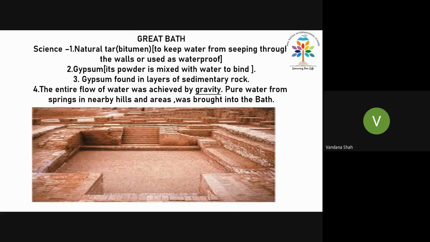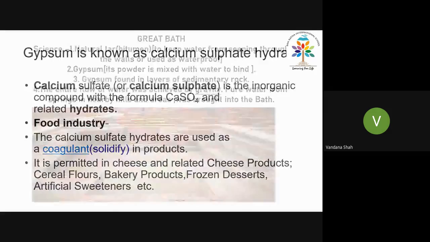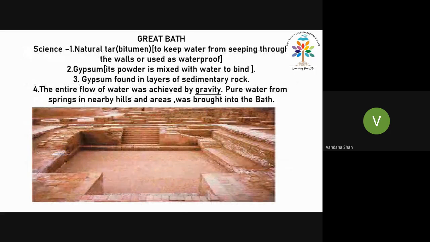And very important, you can see the entire flow of water was achieved by gravity. It means the fresh spring water was carried and supplied here. They knew that gravity works, the law of Newton works, where things come down, and they had an internal aqueduct, and the water was supplied slowly into the Great Bath. So it's really amazing how they used their science everywhere.